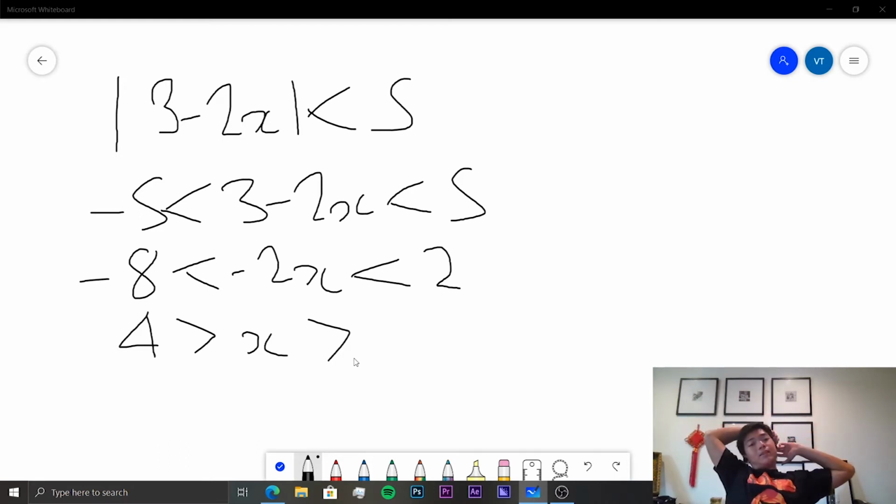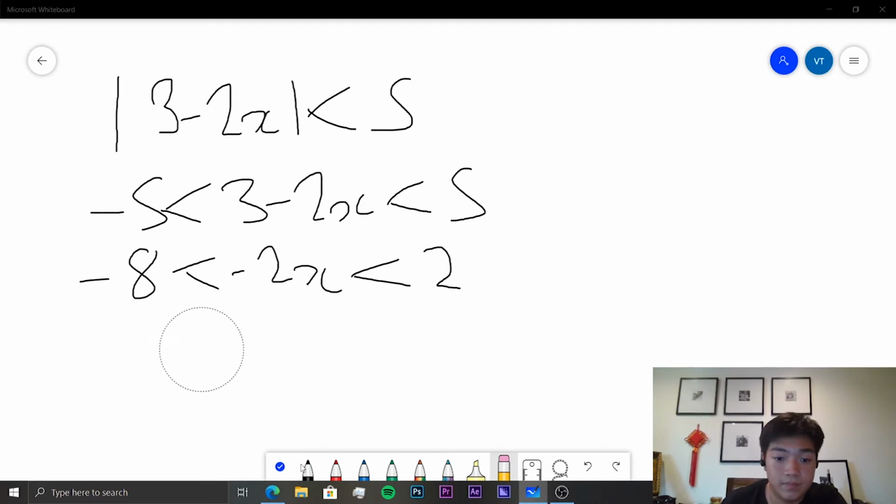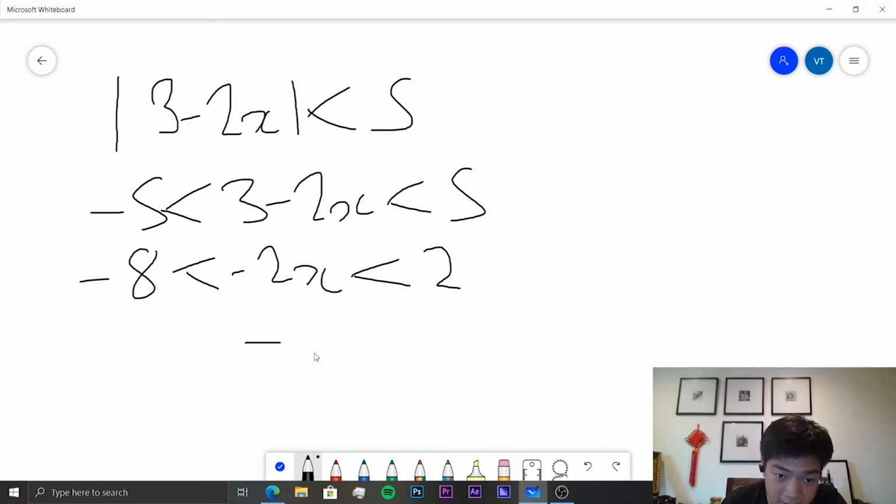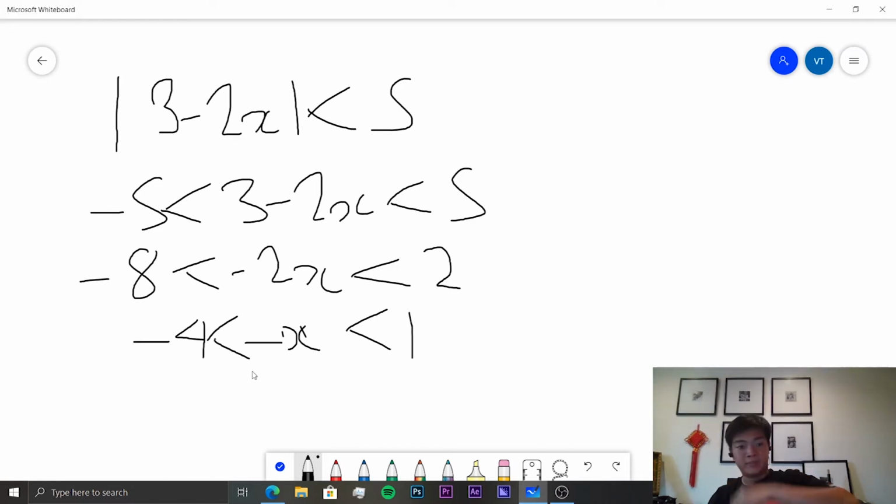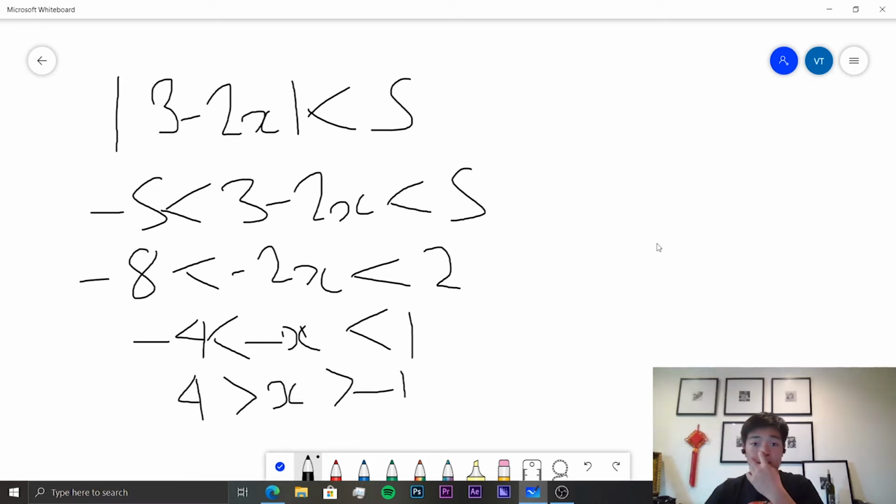Negative 2x is between 2 and negative 8. So negative x is between 1 and negative 4. So x must be between 4 and negative 1. So 4 is greater or equal to x, which is greater or equal to negative 1.